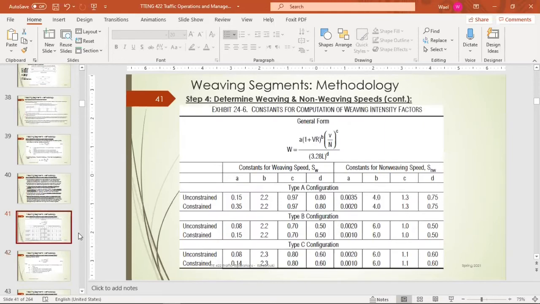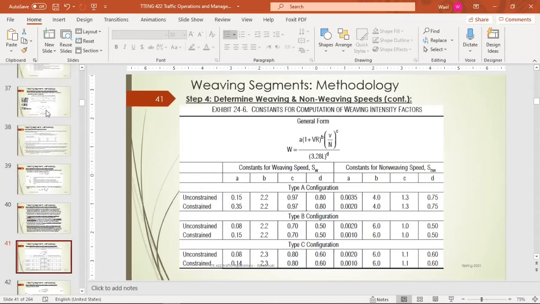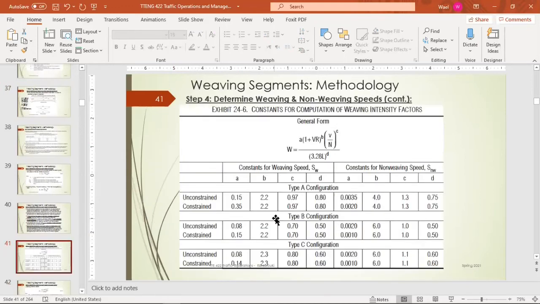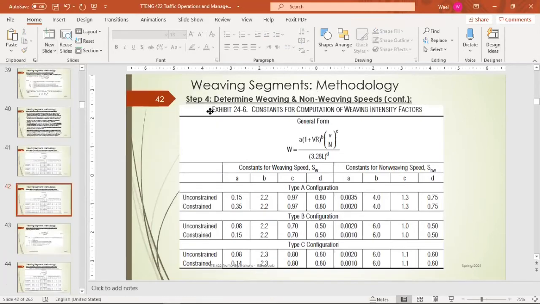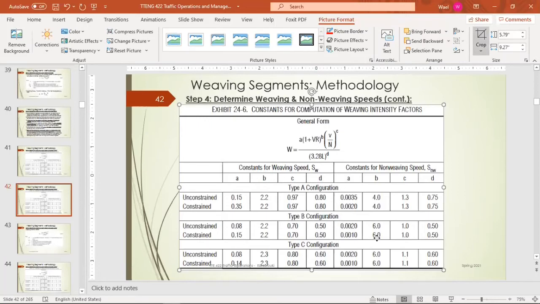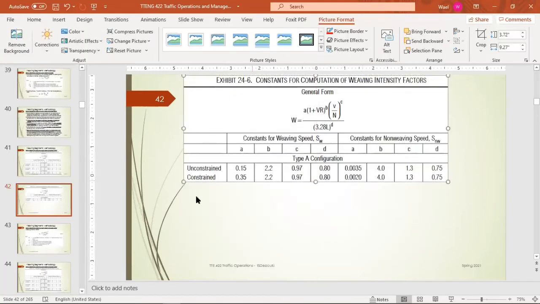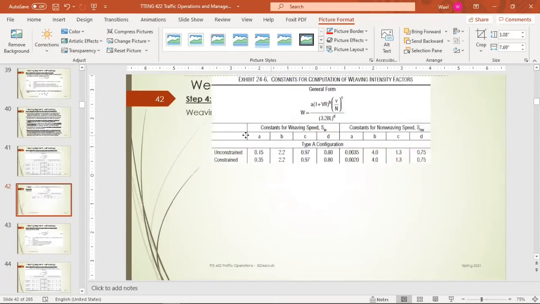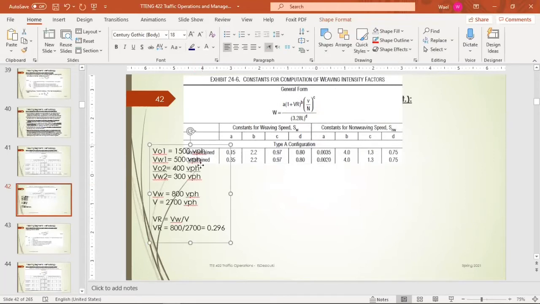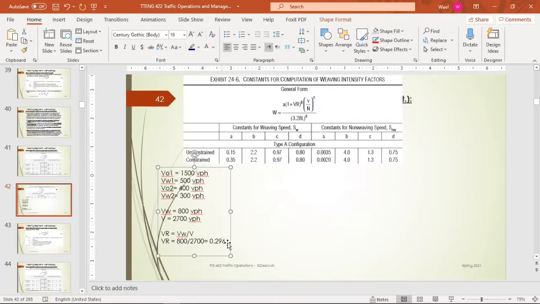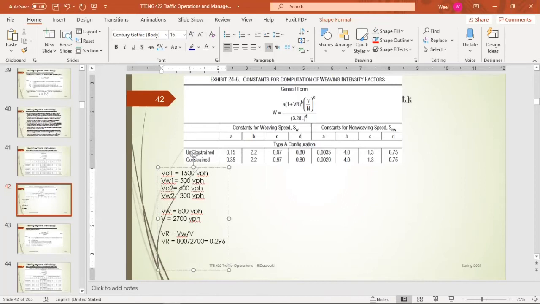Okay, it's better with numbers. So let me just grab these numbers, and let's assume that we have a weaving segment type A. We have these volumes, and the data that we have: a weaving segment L equals 250 meters.